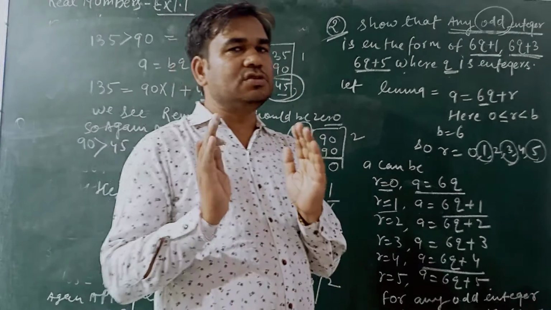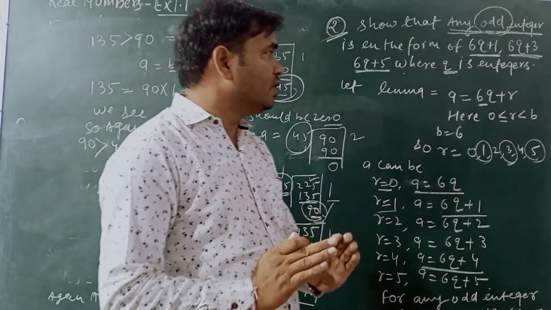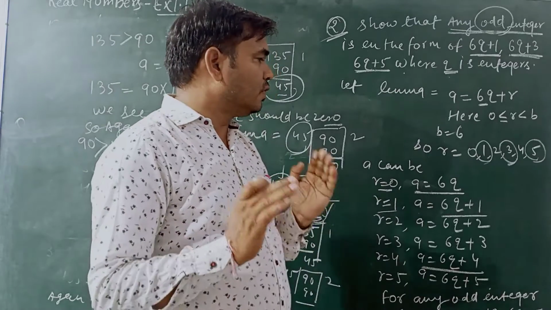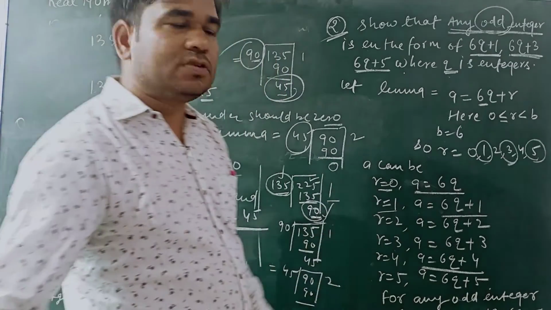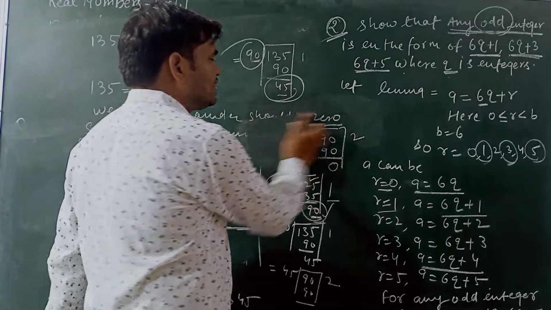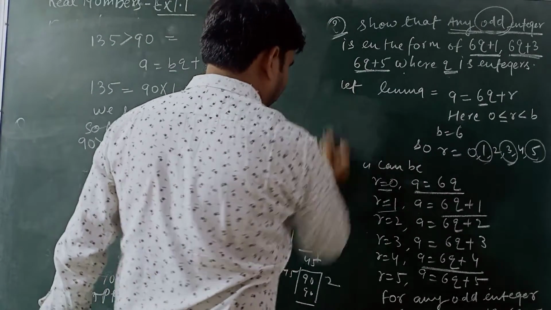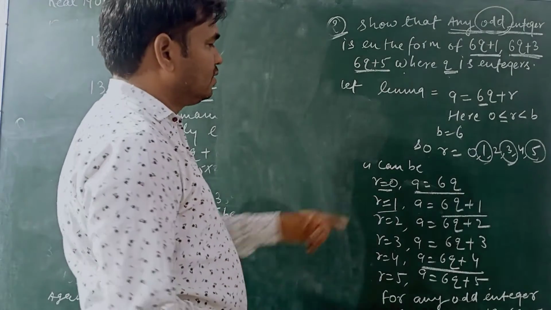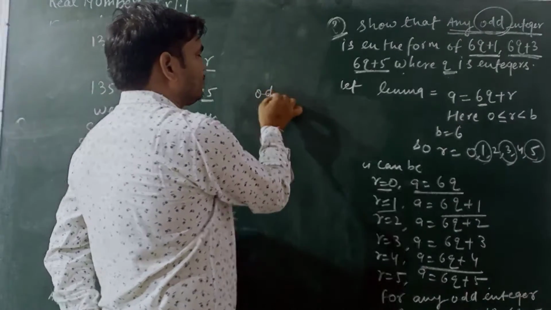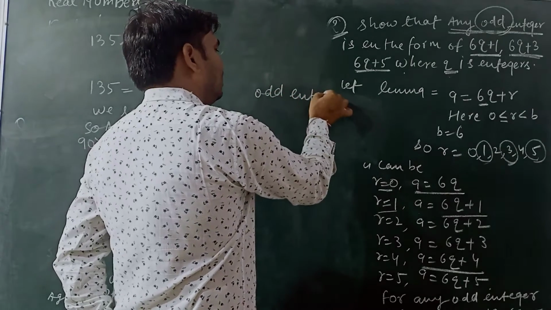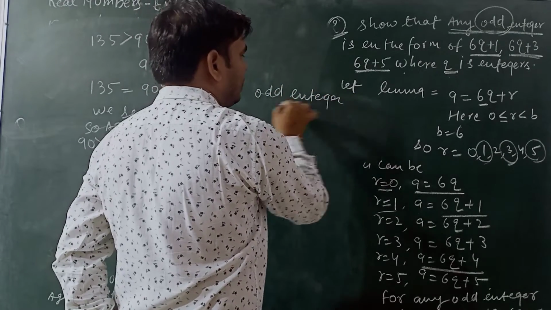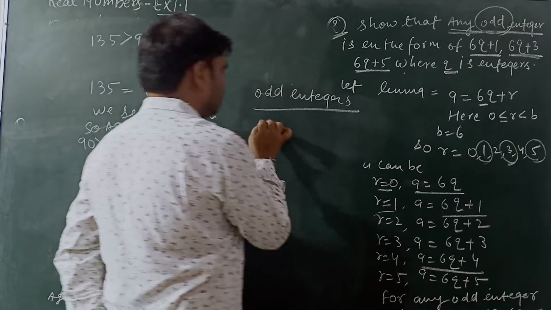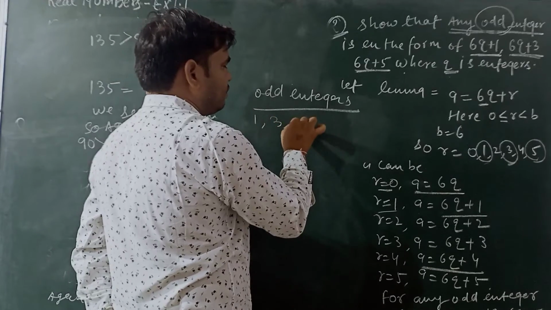So here, students, you notice what I have told you before: only odd integers we have to take. As in the question we asked, the odd integers are 1, 3 and 5.